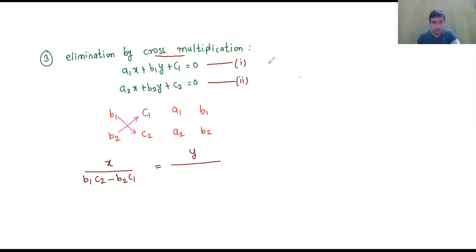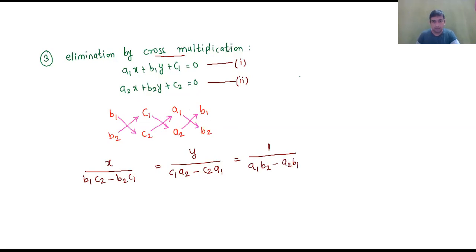Now I will multiply c1 with a2, and c2 with a1. So what I will get is c1 a2 minus c2 a1, which is equal to, now in the third case there are only two variables, so you have to write 1, and the cross multiplication will be a1 b2 minus a2 b1. See here, cross multiplication, a1 b2 minus a2 b1.